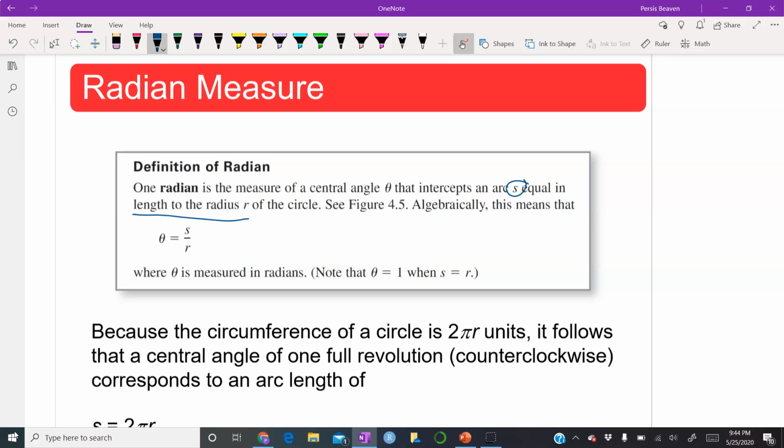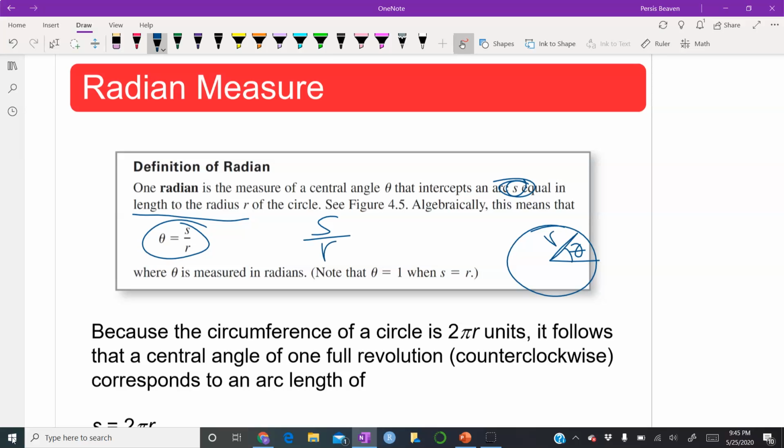And so algebraically, this means that theta, which is the angle, I will try to draw it here again. So this angle measure is theta. And that will be the same as the length of the arc, which is denoted by S again, divided by the length of the radius.